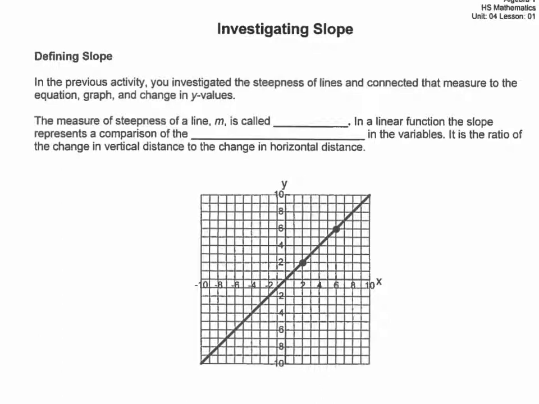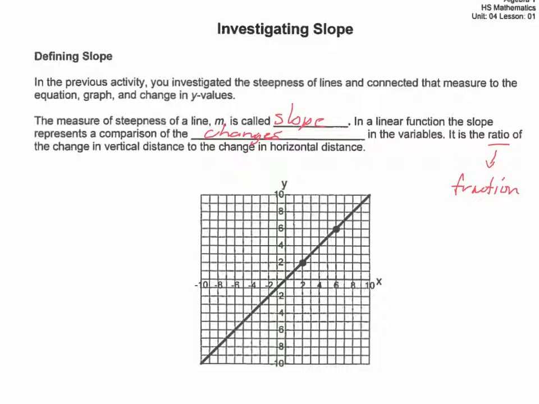The measure of steepness of a line, m, is called slope. In a linear function, the slope represents the comparison of the changes in variables. It's the ratio. You remember that word? A ratio is also the same thing as a fraction.